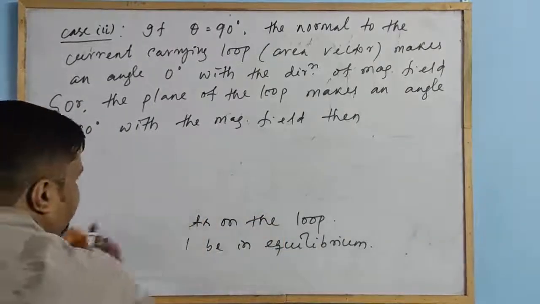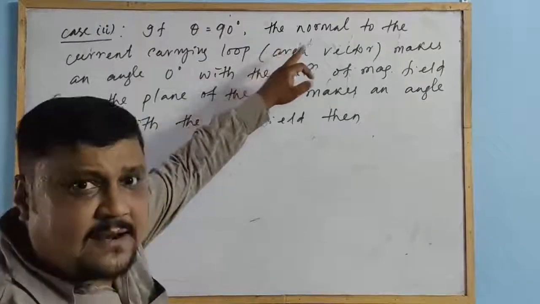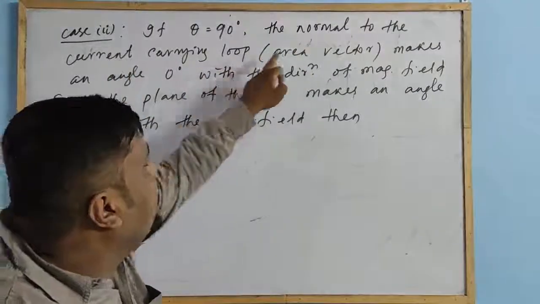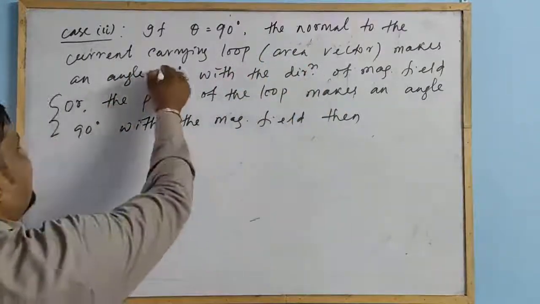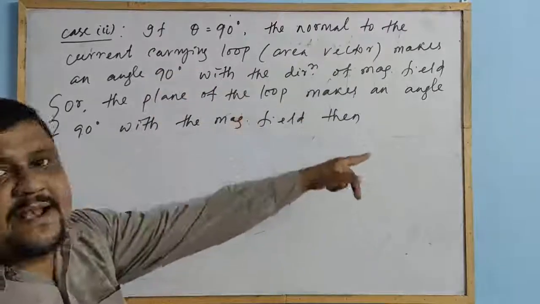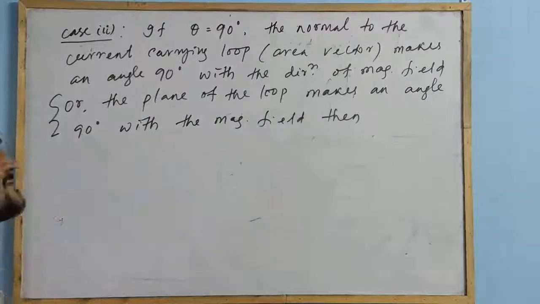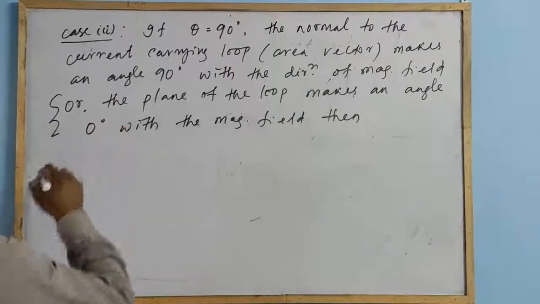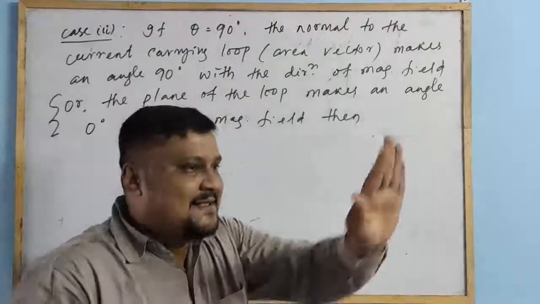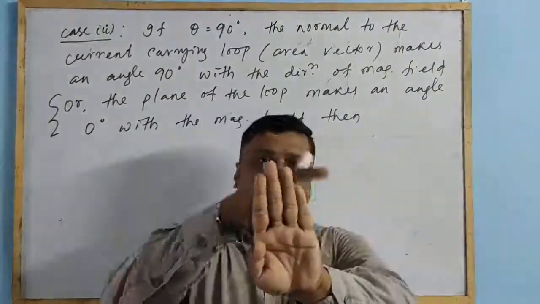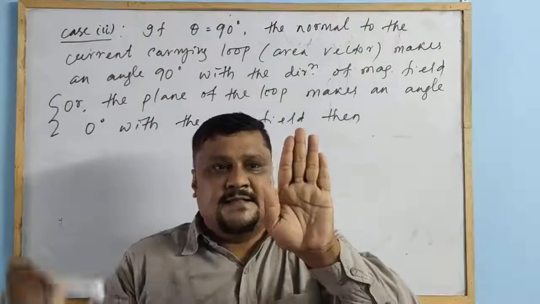Theta is 90. Here the normal to the current carrying loop, or area vector, makes an angle of 90 degrees with the direction of magnetic field, or the plane of the loop makes an angle of how much? 0 degrees. So this is the loop, and this is the magnetic field.